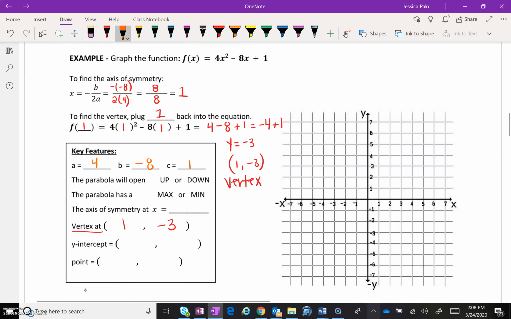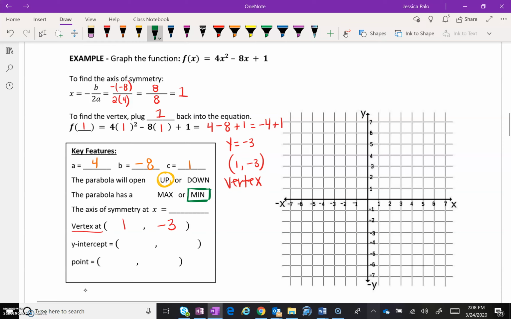By looking at A, I know the parabola is going to open up because 4 is positive. And because it's positive, we know that the parabola is going to have a minimum, because the vertex is going to be below the roots because the parabola is opening up.